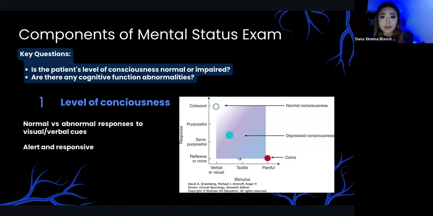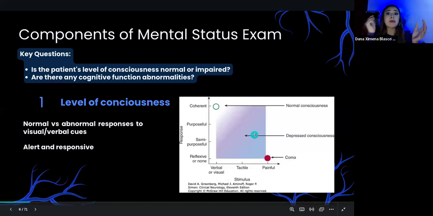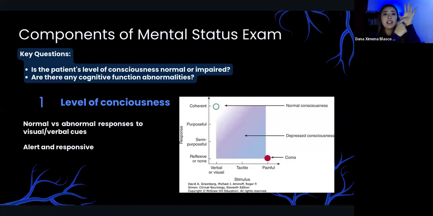Now, maybe the patient doesn't respond to a verbal or visual cue, but maybe to a tactile cue. You're going to touch the patient. Like, hey, are you okay? Hey, how are you? Hey, I'm here. What's going on? And maybe the patient is moving at this stage, right?